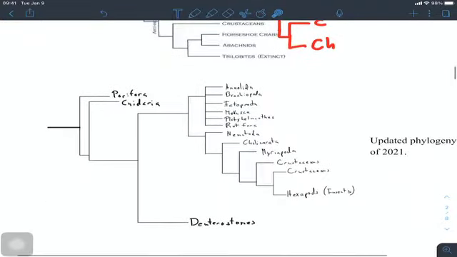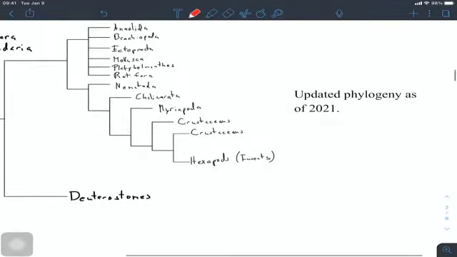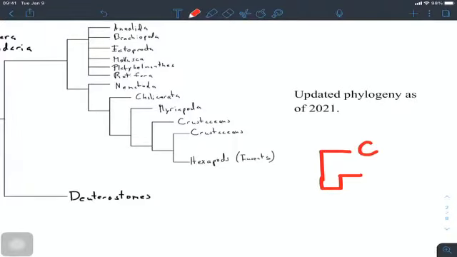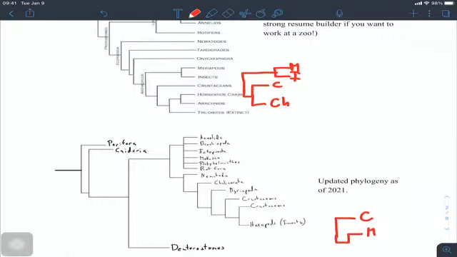Now, if we look at the more recent tree, what do we see within our myriapods, crustaceans, and insects? Well, we see that the chelicerates actually act as our outgroup, and that we have the myriapods after that. So, whoa, that's weird.